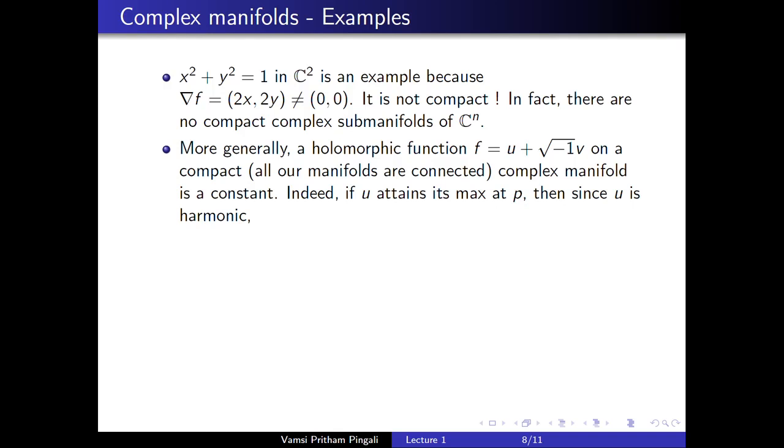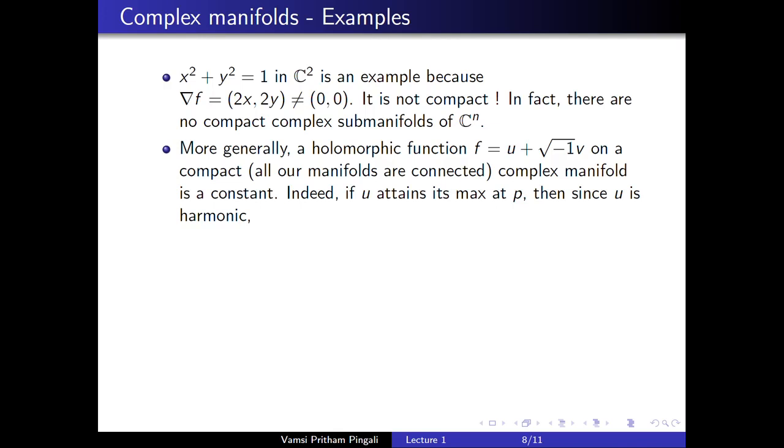The same holds true for the real part of a holomorphic function in more than one variable, and that is true even on a complex manifold where there is no fixed coordinate chart. I invite you to please verify that if you take a holomorphic function on a compact complex manifold and you choose any coordinate chart, u is harmonic in that coordinate chart. It does not depend on what coordinate chart you choose, as long as it's a holomorphic coordinate chart.